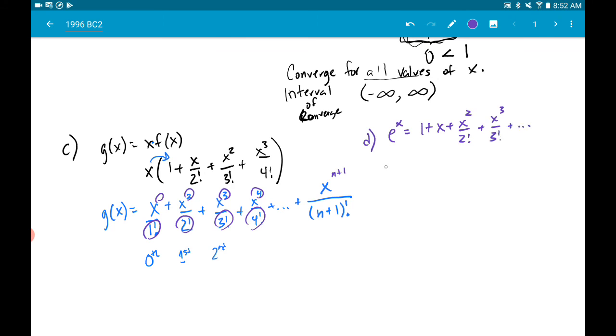And the thing you found, g of x, looks like this. And so I think you could think of, and it's not really a natural way of thinking, but you could think of g of x as e to the x, because it's really, really close. I mean, except it's missing this 1.